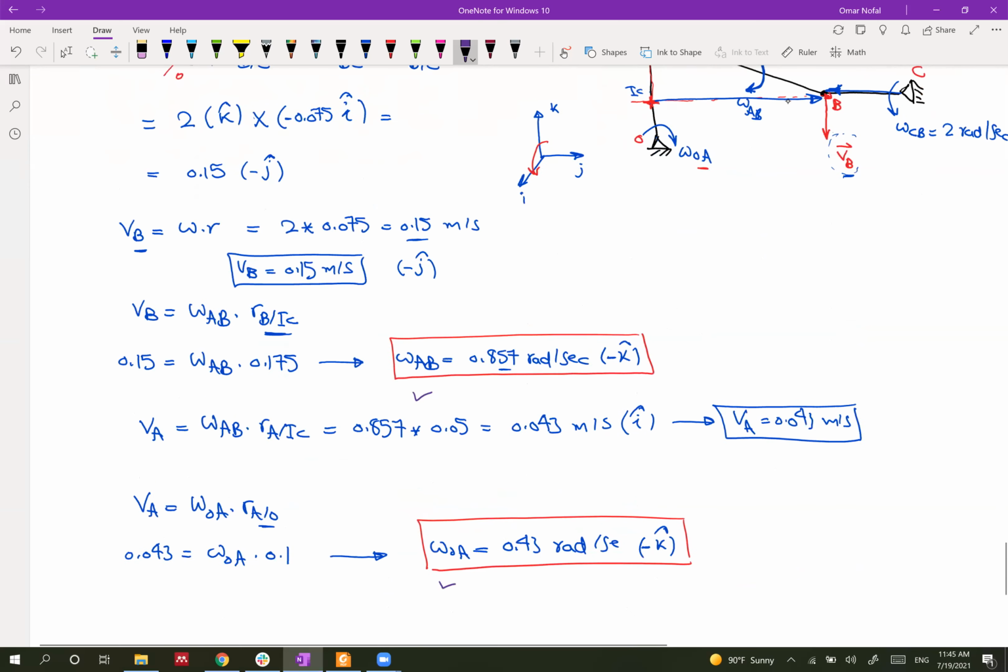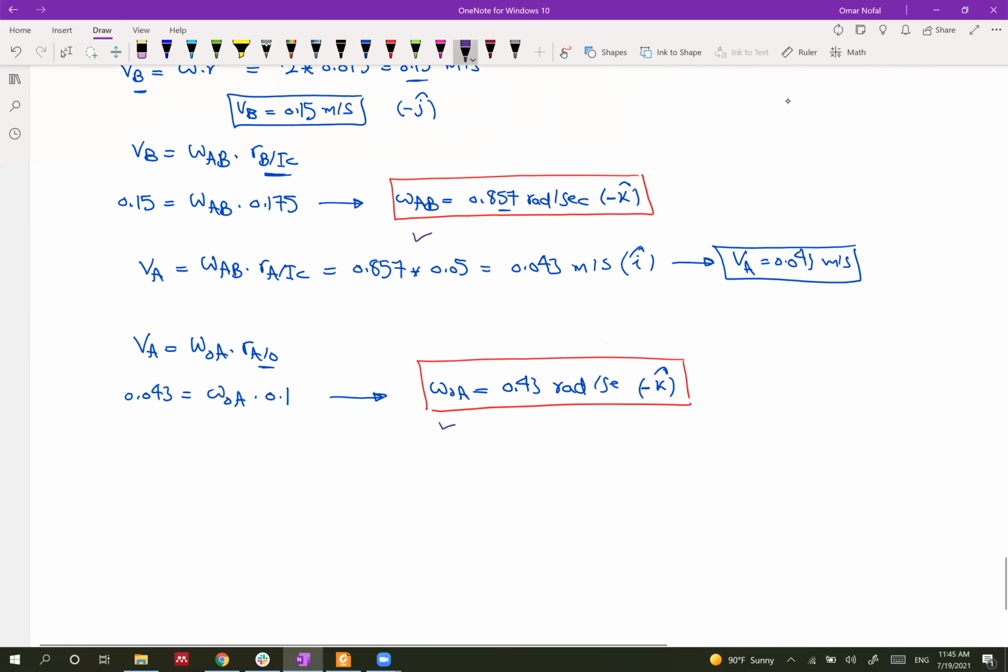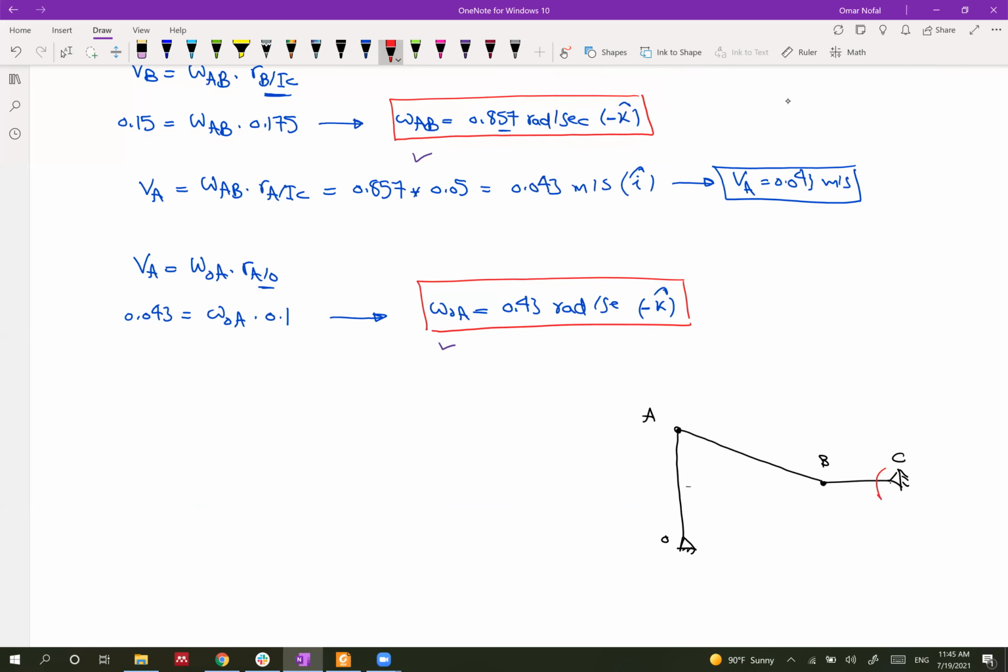So here's OA, and then A, O, B, and then we have C here, and you are given the omega of this one, omega CB, is equal to 2 radian per second, and the alpha CB is equal to 0.